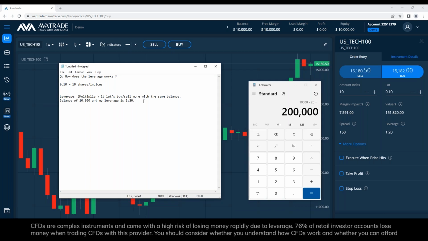Why is that not correct? Because I have something called margin impact or requirement, which means the margin requirement is the required amount to open or hold the position.